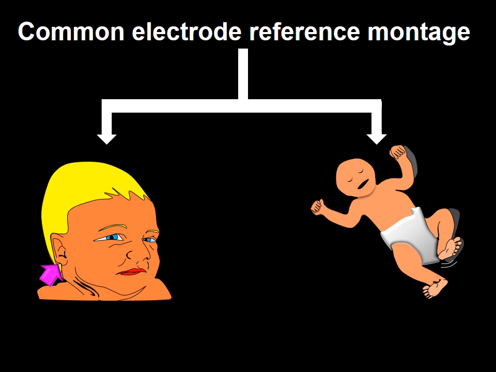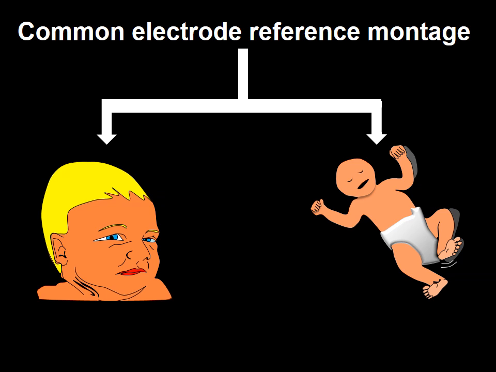In the head, the common electrode can be placed in the mastoid, in the ear, in both ears, in the chin, in the forehead, or at the level of the scalp.